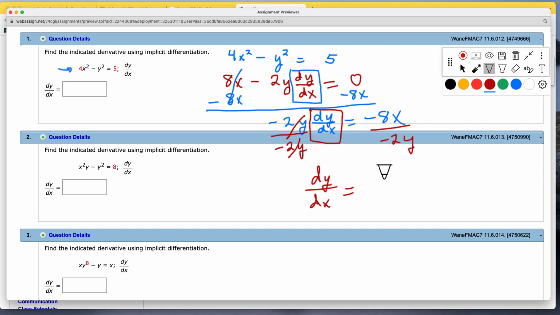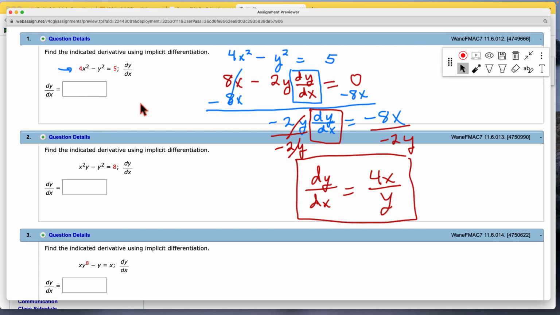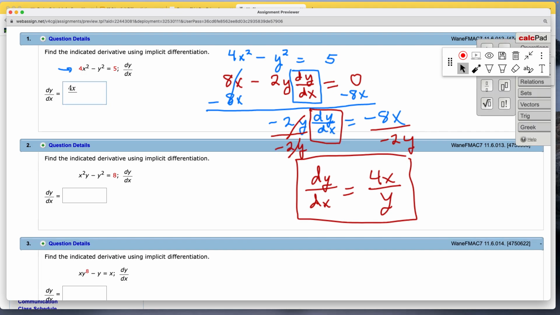Negative divided by negative is positive. 8 divided by 2 is 4. X over y. So that's what we would put in as our answer here. Done. So that one, not too bad, right?